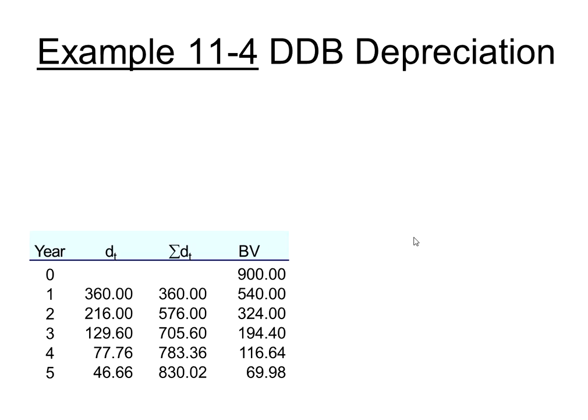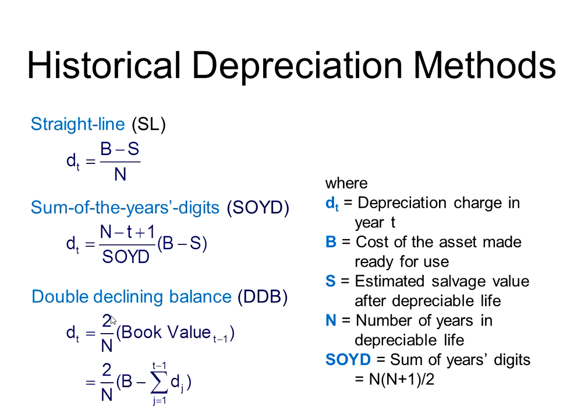And here, as you remember, that was computed by the formula, where again we have 2 over n. Just to recall, this is double declining balance. The depreciation amounts are 2 over n, and then multiplied by BV, book value, in the previous year.